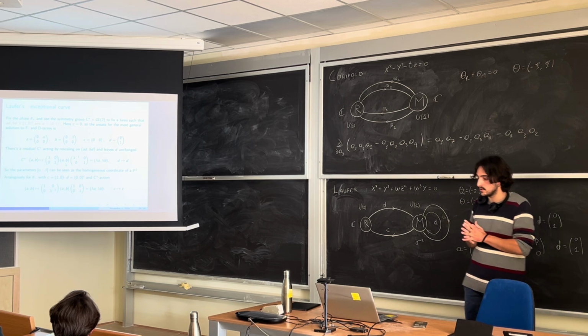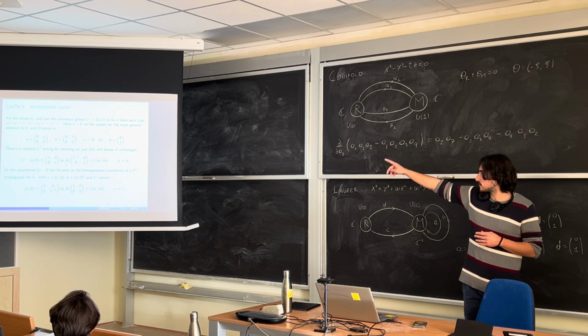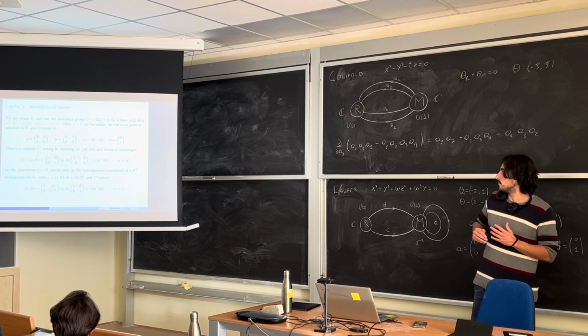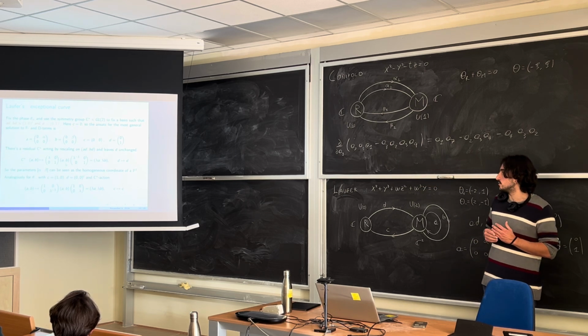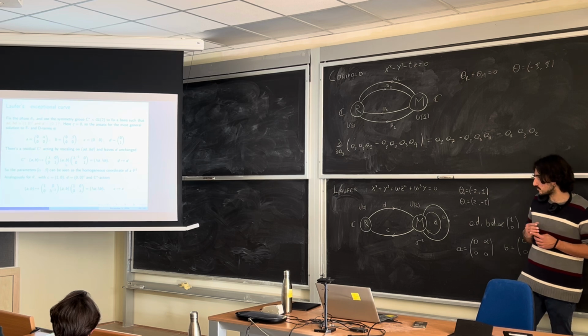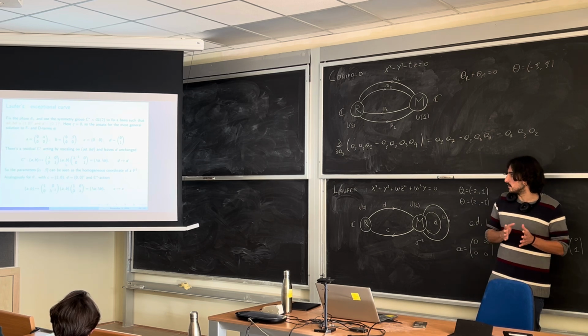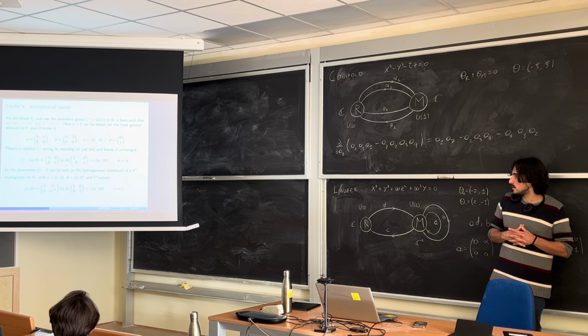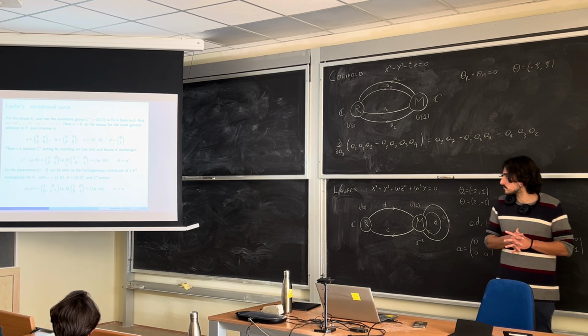So we can see how, after this parametrization, alpha and beta just go to lambda alpha and lambda beta, so they can represent the homogeneous coordinates of the P1.